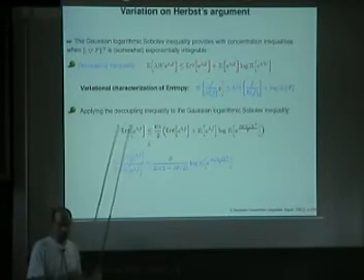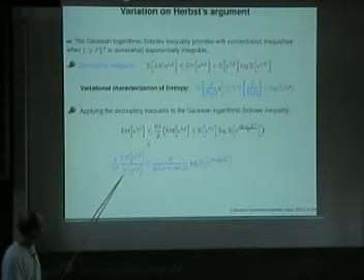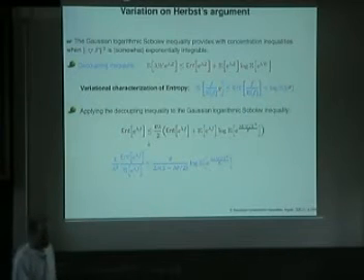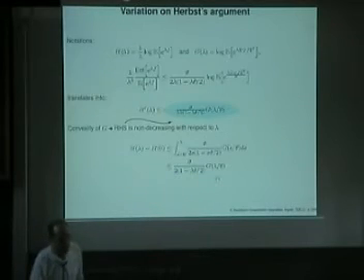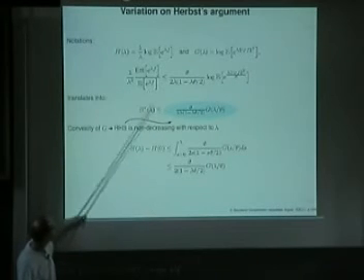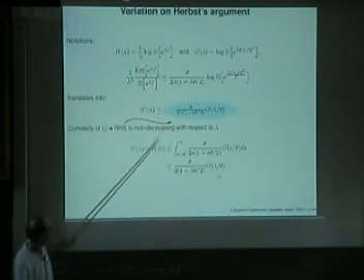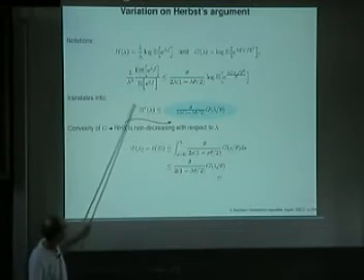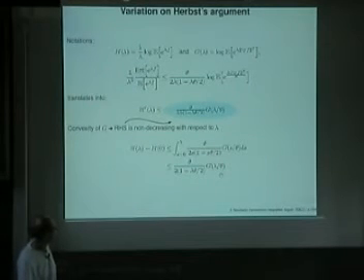After a little rearrangement, we get that. And I won't bother you with the details, but you end up again with a differential inequality of that form that you can approximately solve.